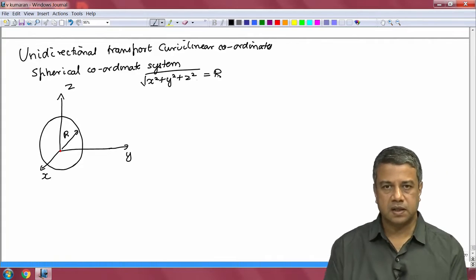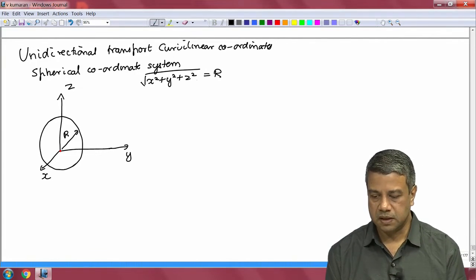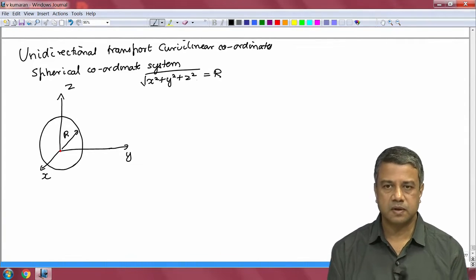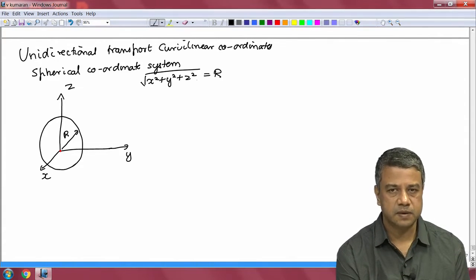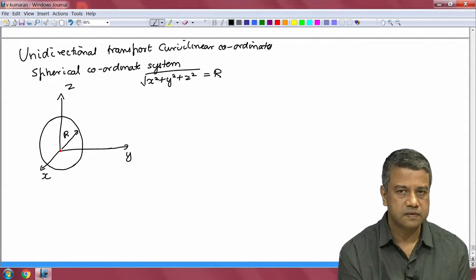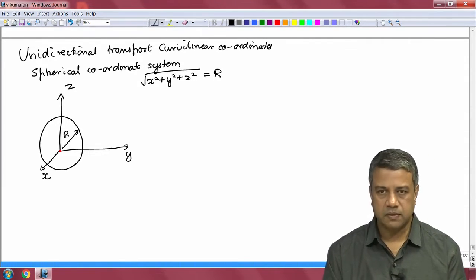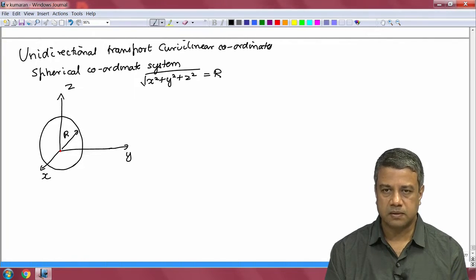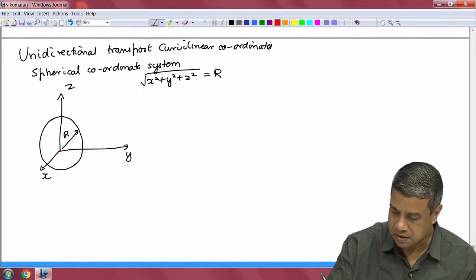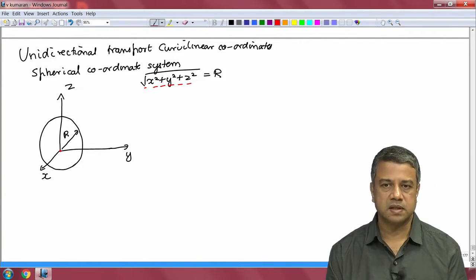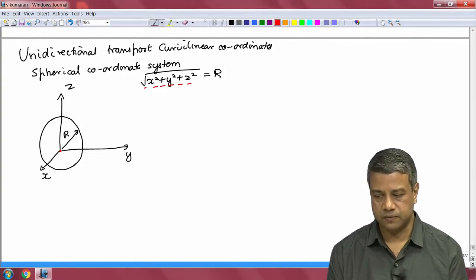That is the equation for the surface, and therefore, if I wanted to solve for the transport in a configuration that is spherically symmetric, diffusion from a particle or heat transfer to a particle, for example, then in a Cartesian coordinate system, I would have to impose the boundary condition at a constant value of this square root of x square plus y square plus z square, and as you can see, that is going to be an inconvenient thing to do.